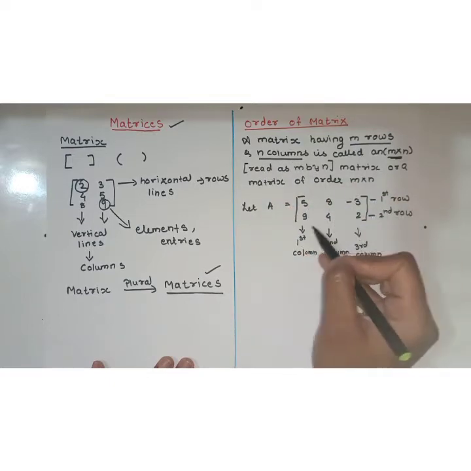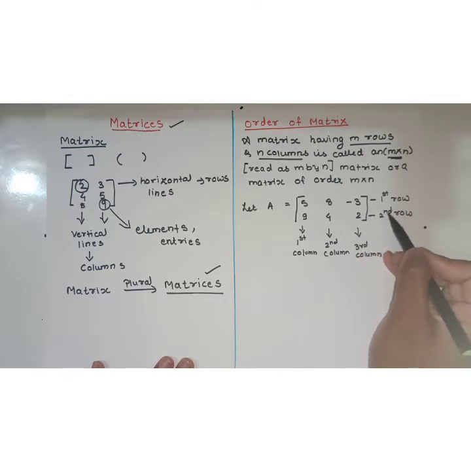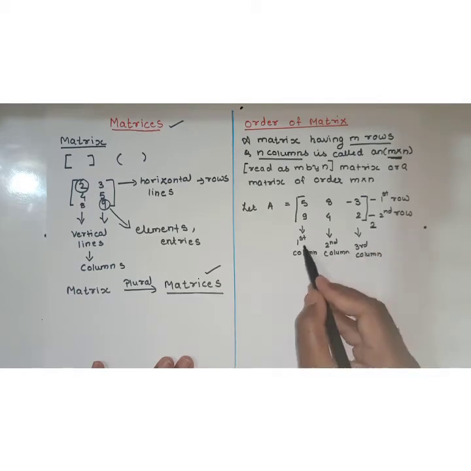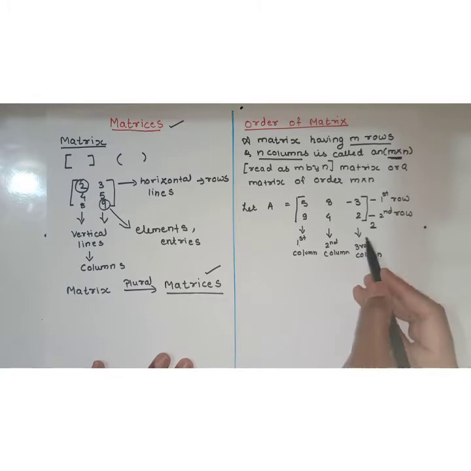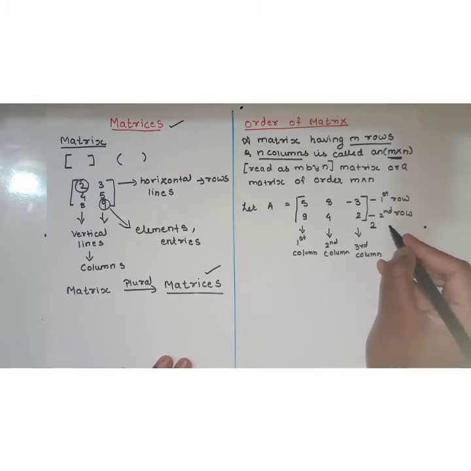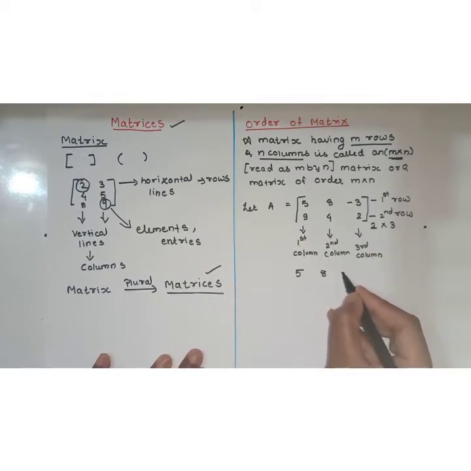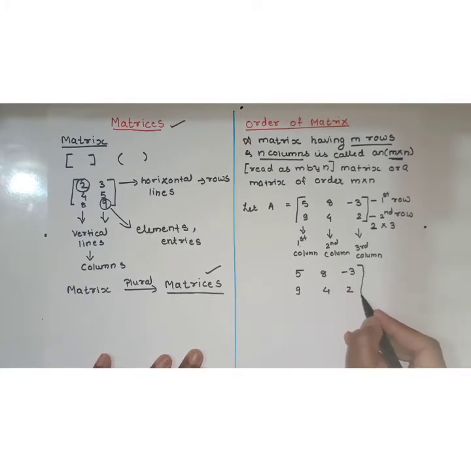In this matrix we have 2 rows, so I will mention 2, and we have 3 columns, so I will write 3. The order is written at its corner.